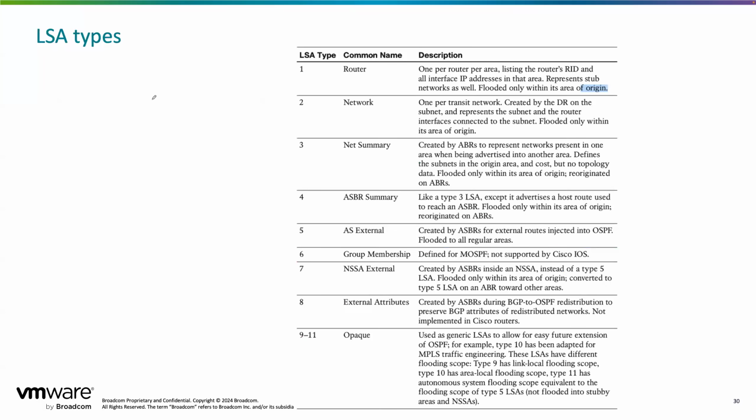There are a variety of different types of LSA for specific uses. Here I just list these types. You only need to care about types 1, 2, 3, 4, 5, which are the 5 commonly used ones.